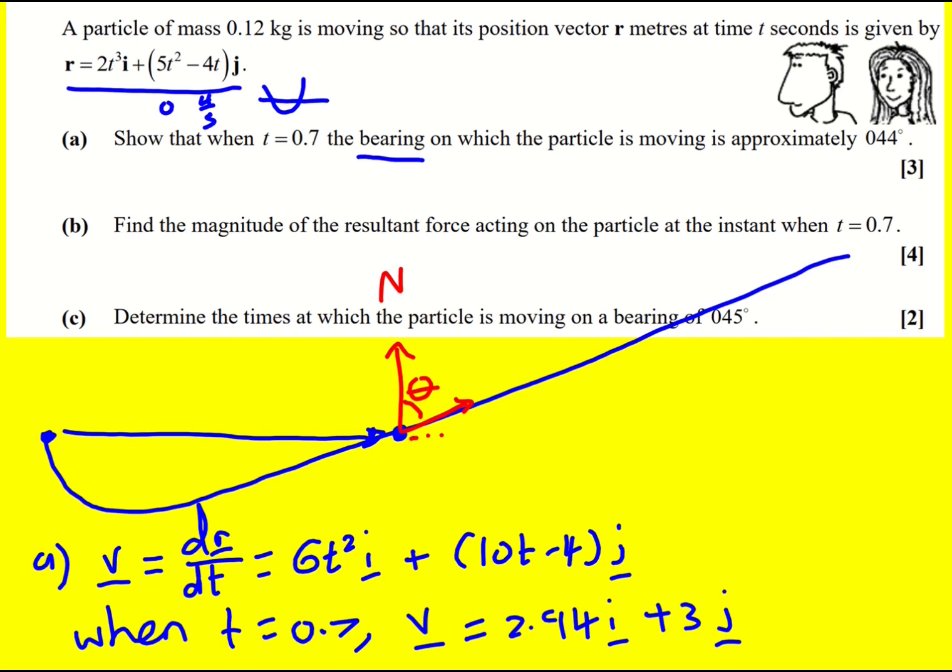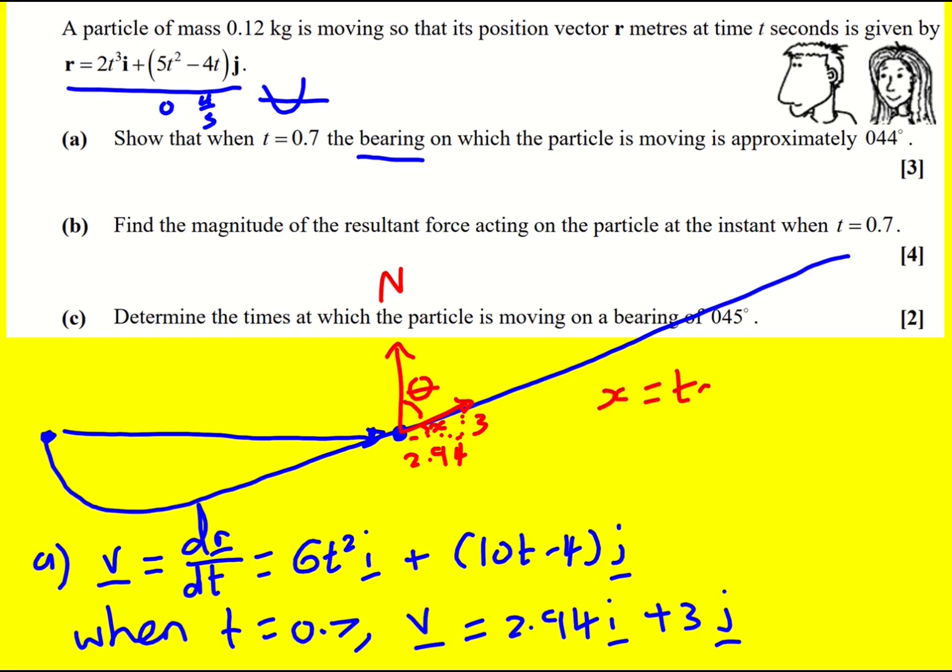So I can turn it into a little triangle. I'm going 2.94 to the right in that instant, in meters per second, and then 3 up. So for the angle, I could work out what this angle is. Let me call it x, and then I can do 90 minus that.